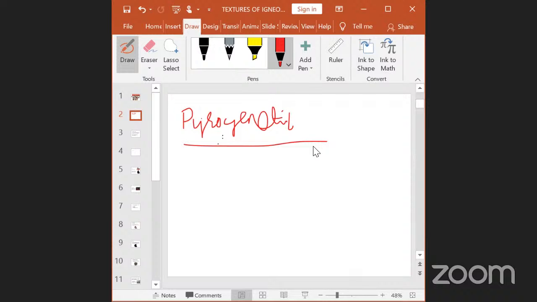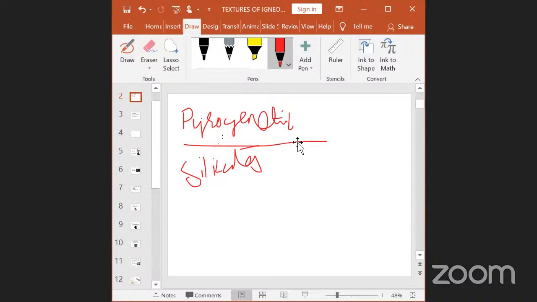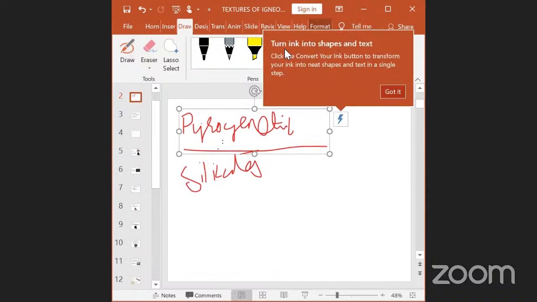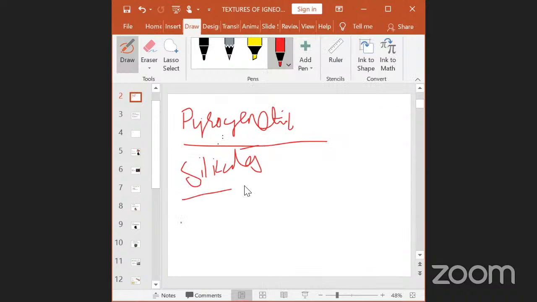Silicates are the most abundant pyrogenetic minerals.